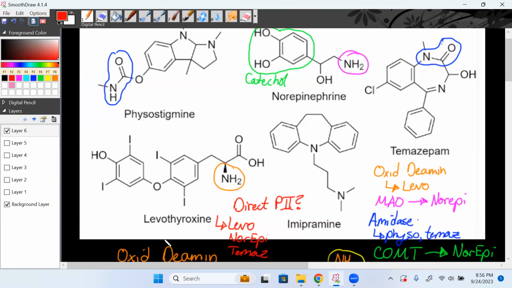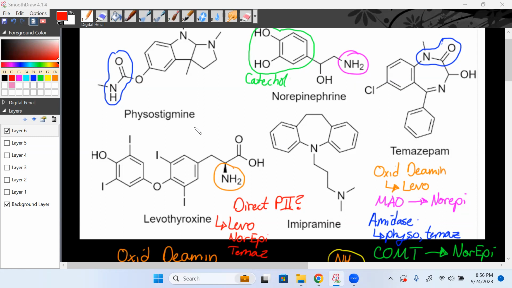How about physostigmine? It's possible. I would say that it probably needs to have that methyl group removed first. If you had to pick one of them, any of these other choices is better than physostigmine. Could it? Maybe. I'm not sure if carbamates do that.